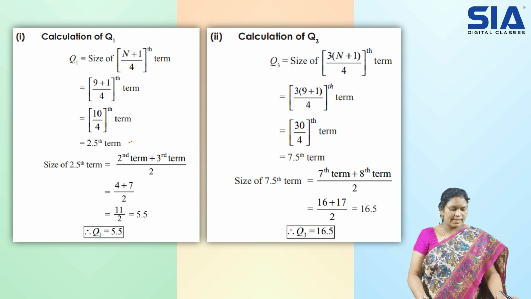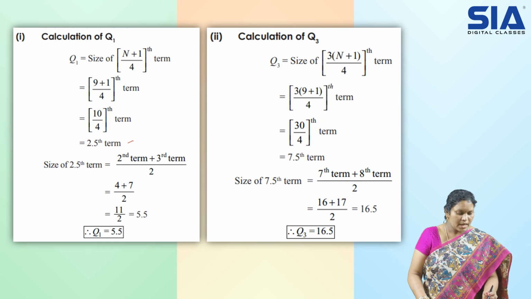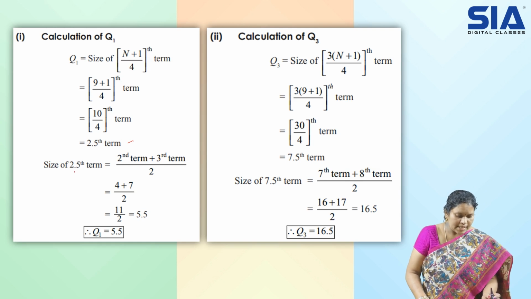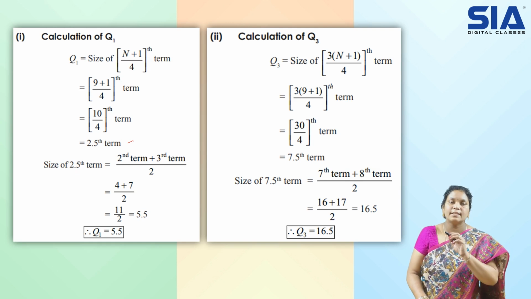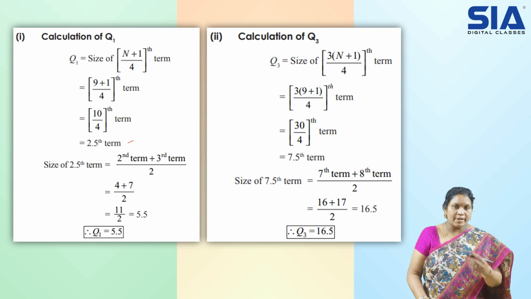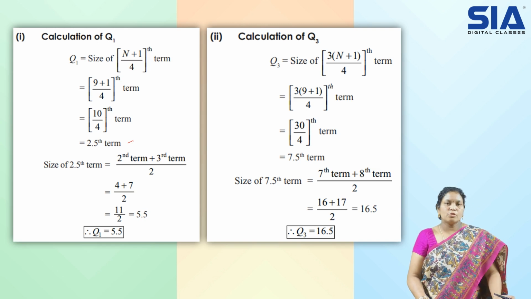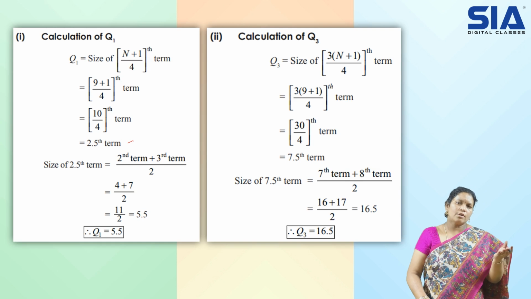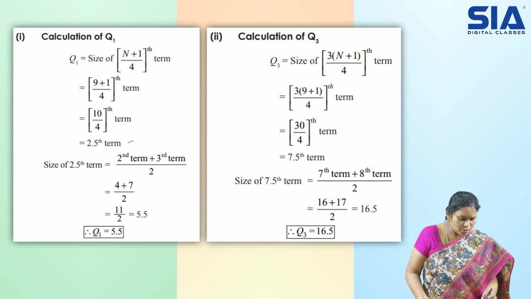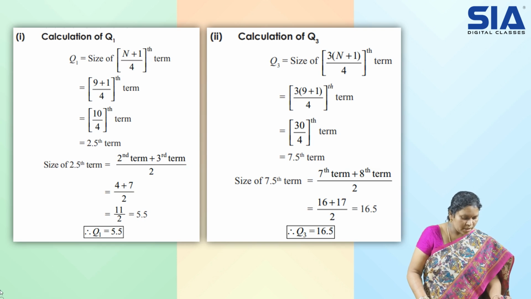So to decide which value to consider, we'll take the second term plus the third term divided by 2. Average. If you take the average of the second and third terms, we'll get the exact value. Because 2.5 means we can't go with the second value nor with the third value. So second term plus third term divided by 2 I'll be doing. Now what is the second term we have here?